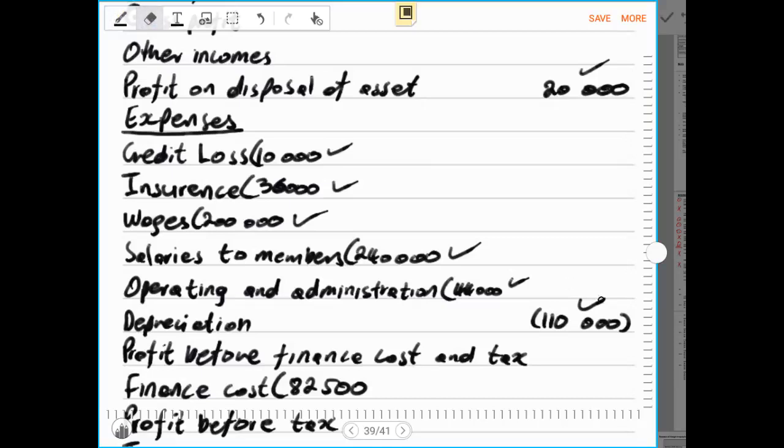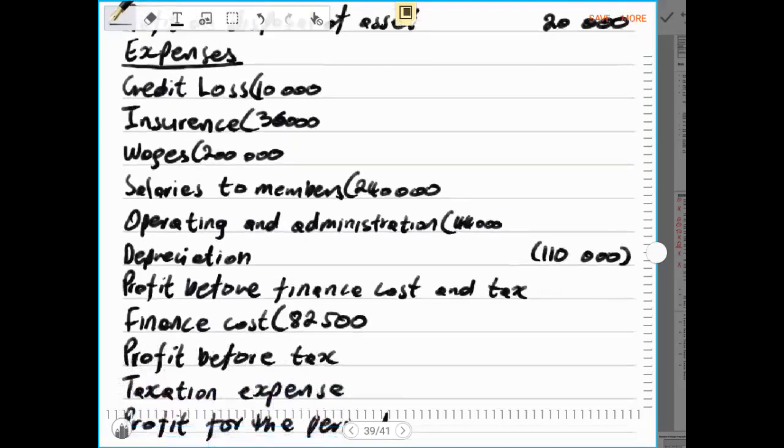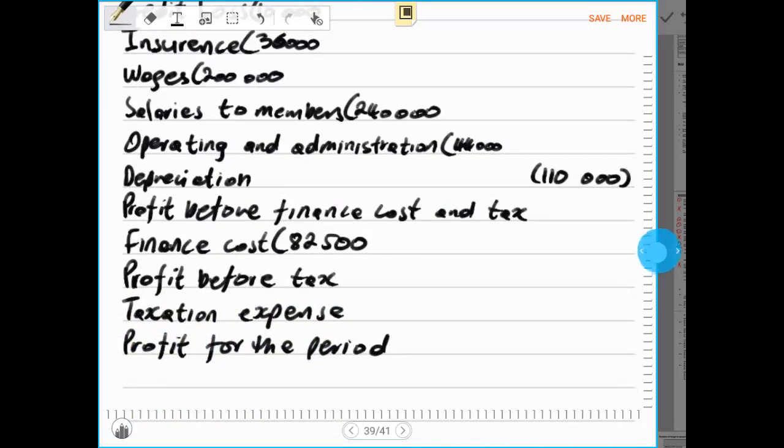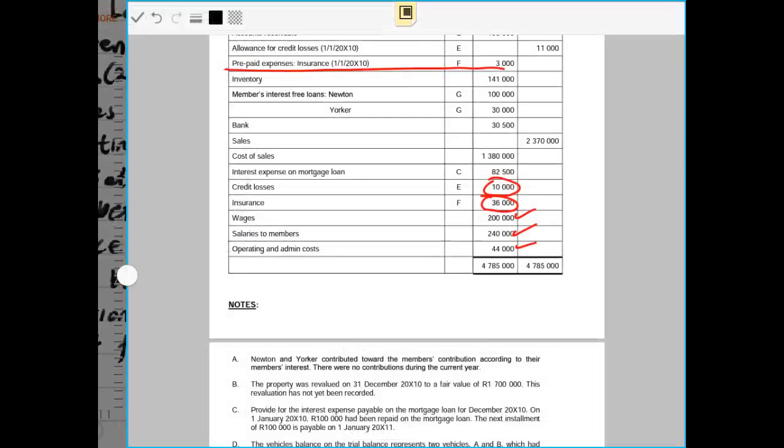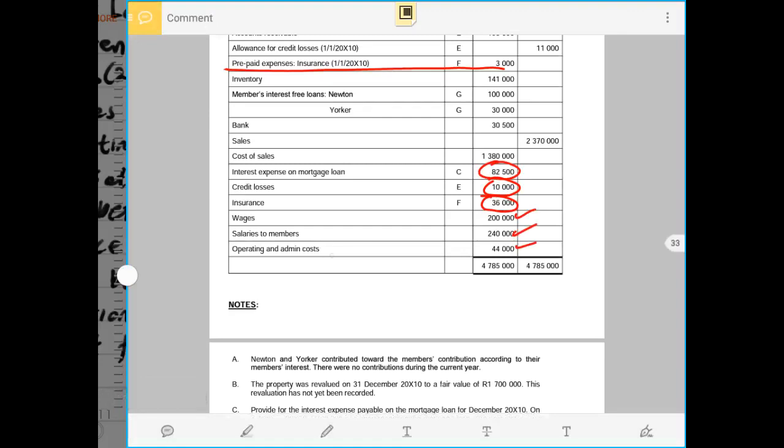So now I've given you the amounts for the asset disposal and the depreciation, because in the exam you will not be required to calculate such. Under the finance cost, I've just written the amount of the finance cost 82,500. I just wrote that as it is.